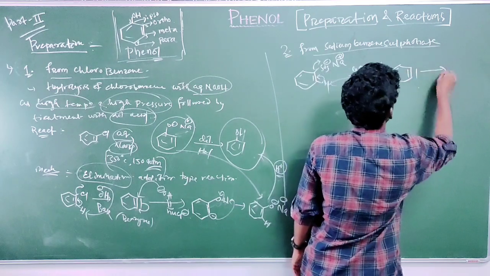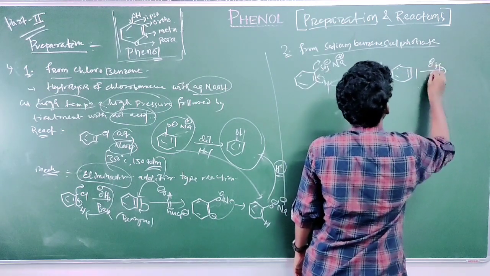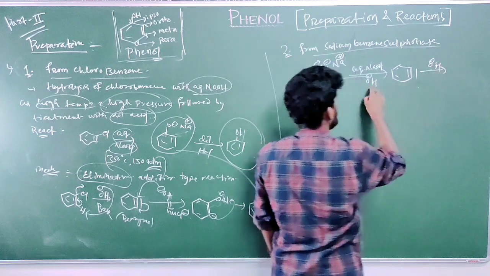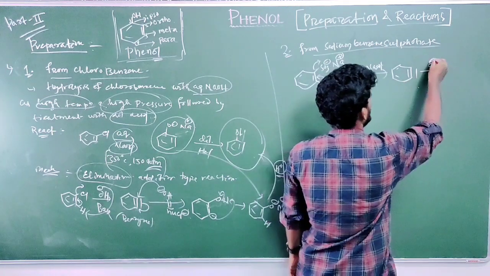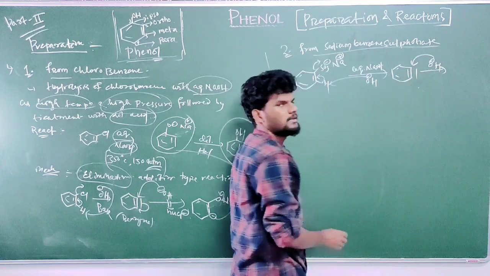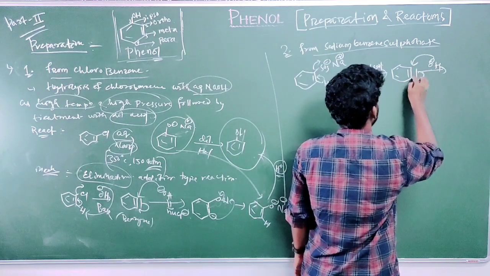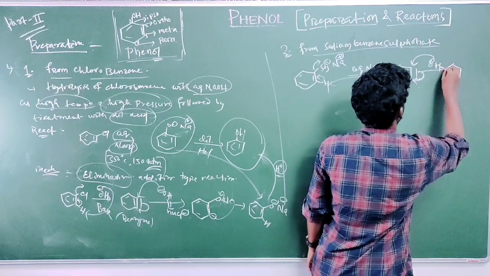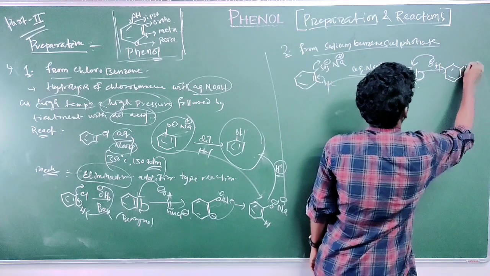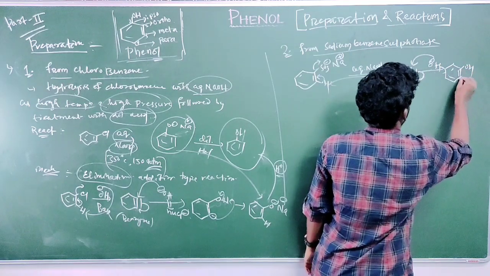In the next step, OH minus again behaves as a nucleophile, here a base but here a nucleophile. OH minus attacks the benzyne ring and the bond moves over to this carbon, forming OH here and a negative charge.